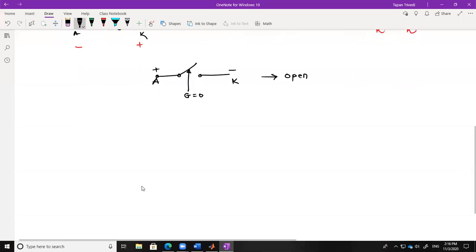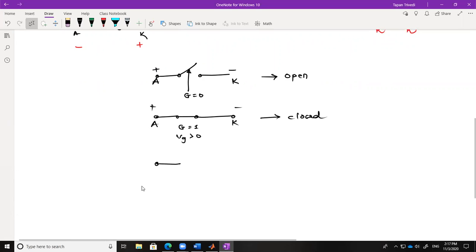Now if, let us say, gate is 1, or you can say VG is greater than 0, and then you apply the positive voltage, that is plus here, minus here. So then it acts as a closed switch.